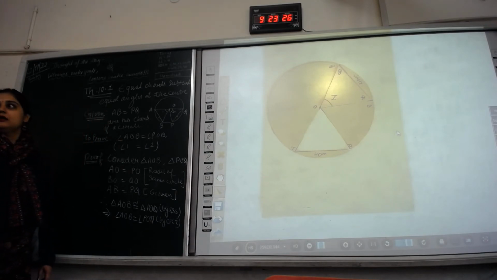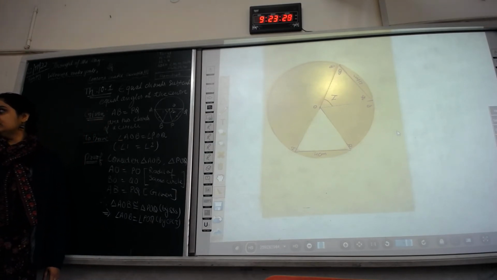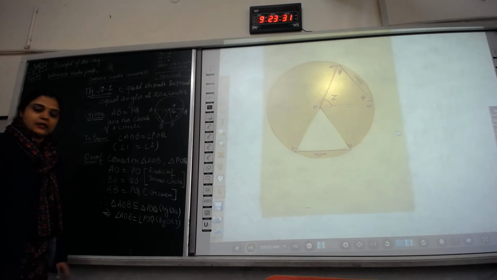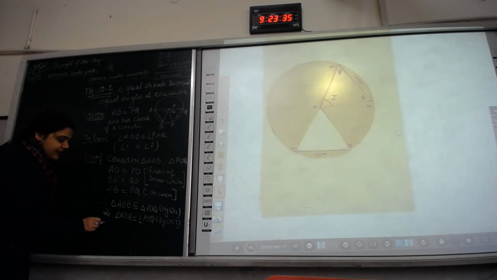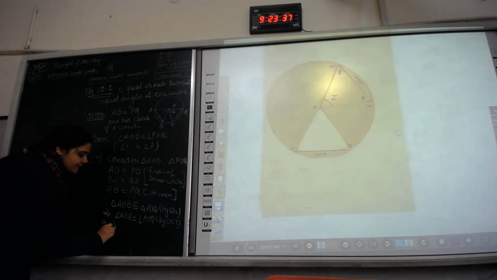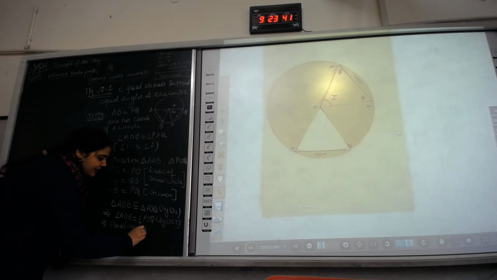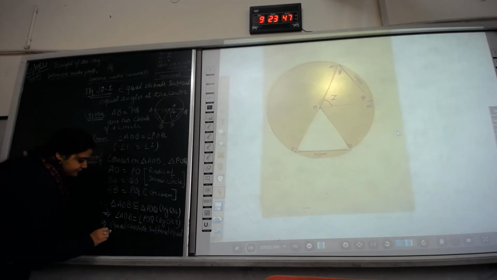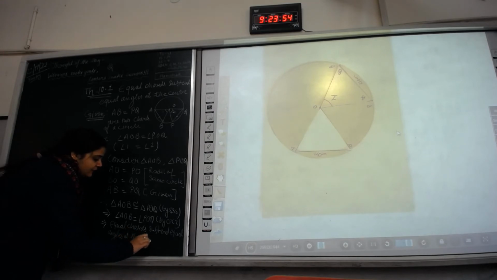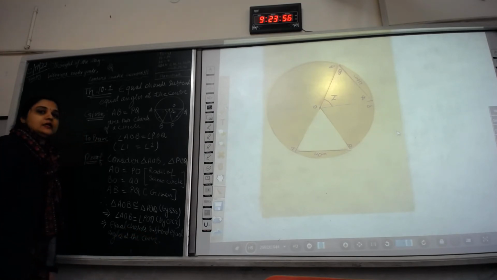Alright? This implies equal chords subtend equal angles at the center. Is the proof easy?